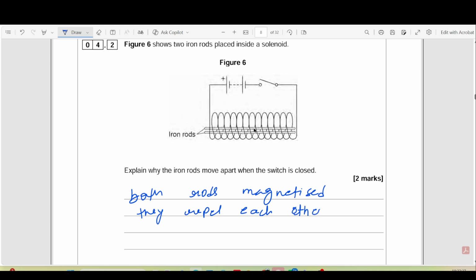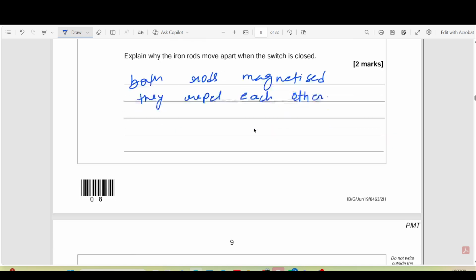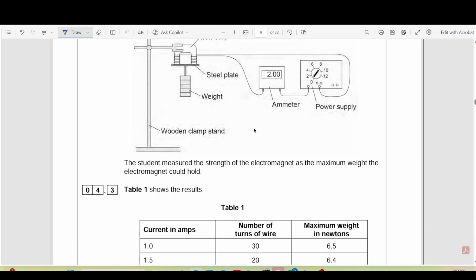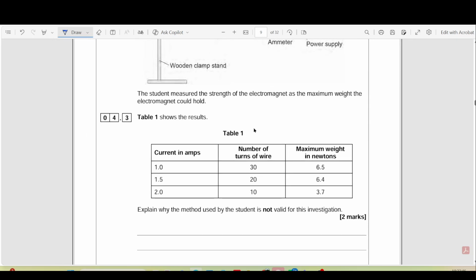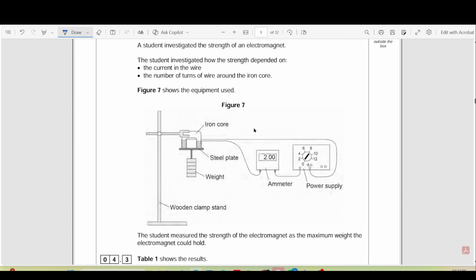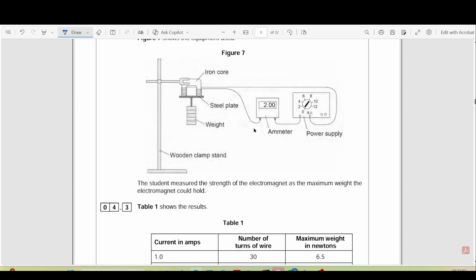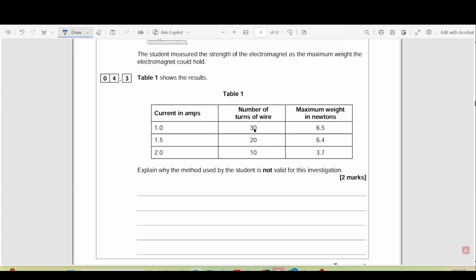A student measured the strength of an electromagnet as the maximum weight the electromagnet could hold. Explain why the method used by the student is not valid for this investigation. Hmm. Number of turns in wire, turns in wire and the current.